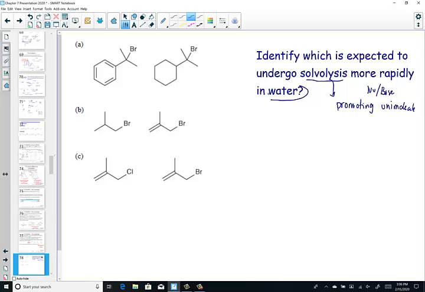And so right now they're saying the solvent is water, HOH. We need to understand that unimolecular produces a carbocation intermediate. So what you're really being asked here is who has the more stable carbocation. That's the ultimate question. Which one has the more stable carbocation?